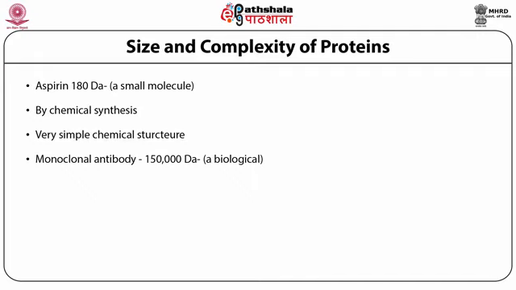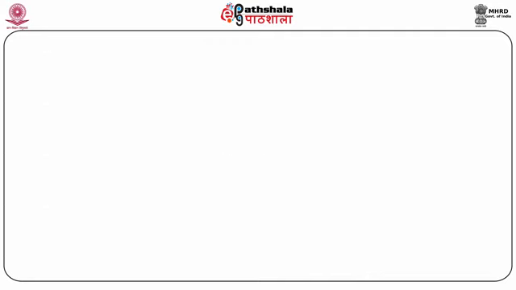It is a biological product. The monoclonal antibody is a protein in nature and it is produced by animal cell culture using in vitro techniques. The structure of the monoclonal antibody is very complex and very large.